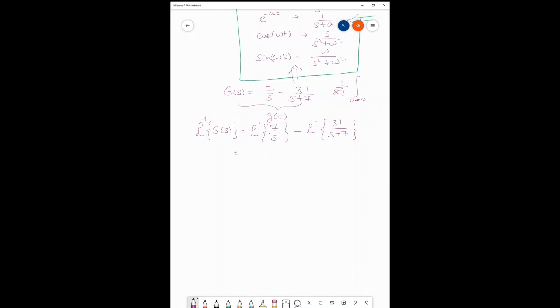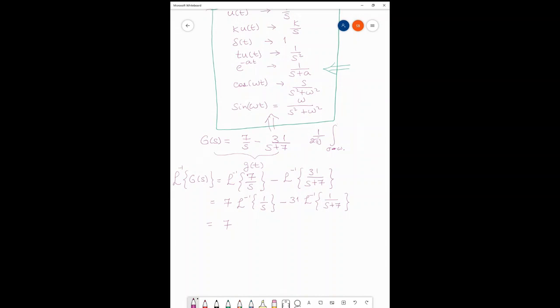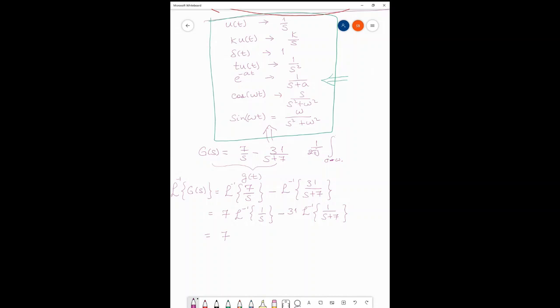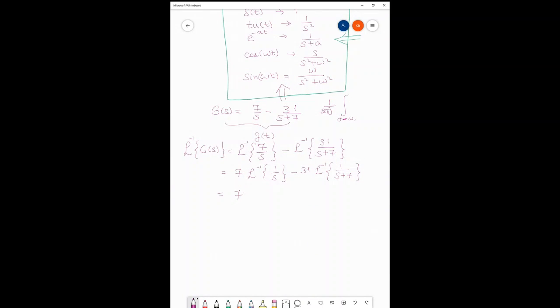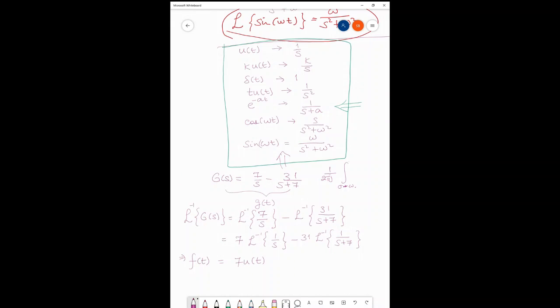If we take out the scaling, we have 7 times the inverse Laplace transform of 1 over s, minus 31 times the inverse Laplace transform of 1 over s plus 7. What does that tell us? We have already seen that 1 over s corresponds to u(t). So this is 7 times u(t) in the time domain, because the inverse Laplace transform of 1 over s is u(t).